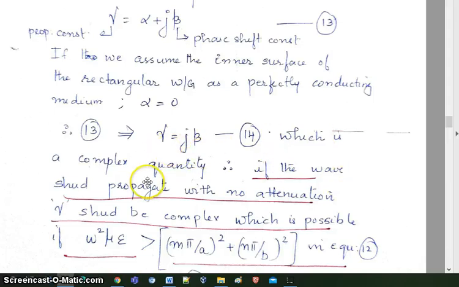Now that means if the wave should propagate with no attenuation, then my gamma value, that is the propagation constant, should be a complex number, right? Because here you know the propagation constant gamma is equal to alpha plus j beta. So when I substitute alpha equal to 0, I get gamma equal to j beta.